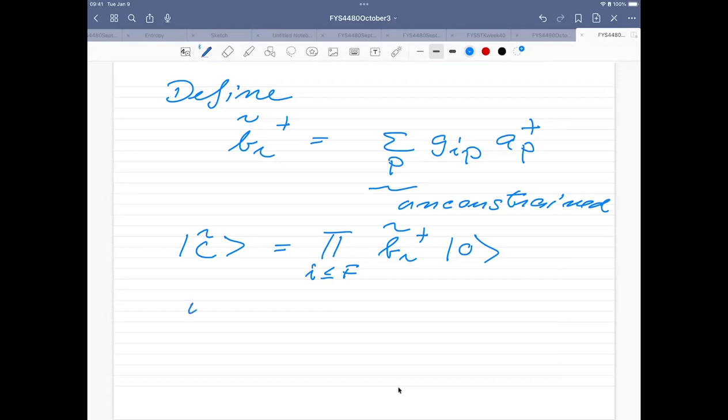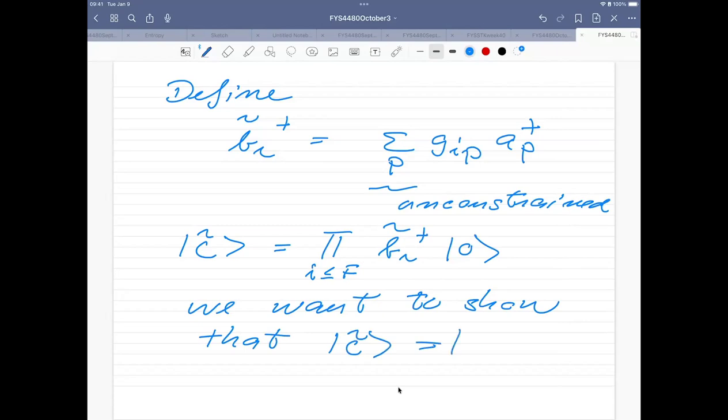And we want to show that this is a general Slater determinant, to show that this C tilde is the same as this C prime, okay? So what we have basically done here is to assume first that we can write a Slater determinant in terms of one particle, one hole excitations.